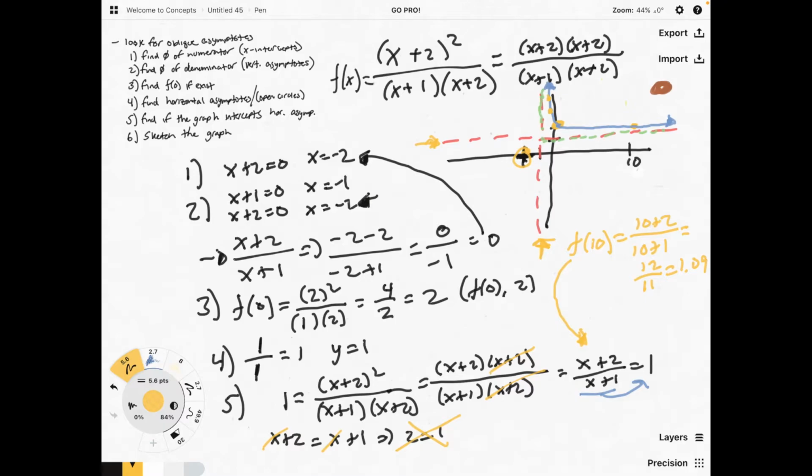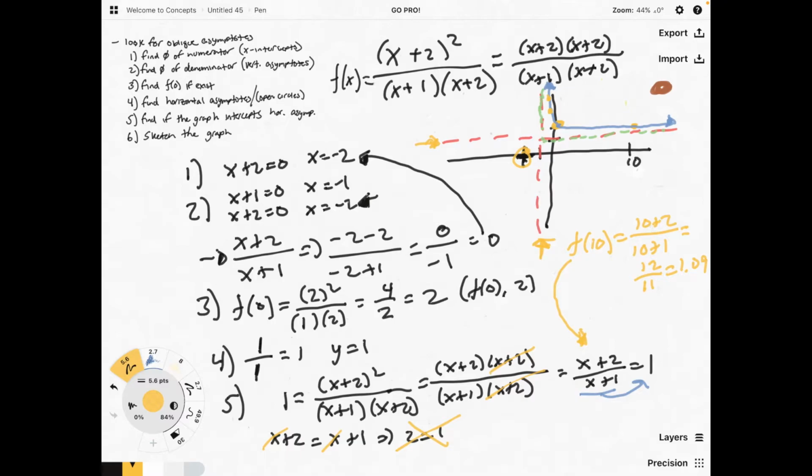However, if you are uncomfortable, again, just find additional points and you'll see that it goes in this direction, but never touches -1. So if you plug in f of -0.5, for example, that's going to get you very, very close to this line at -1, but we'll never touch it.